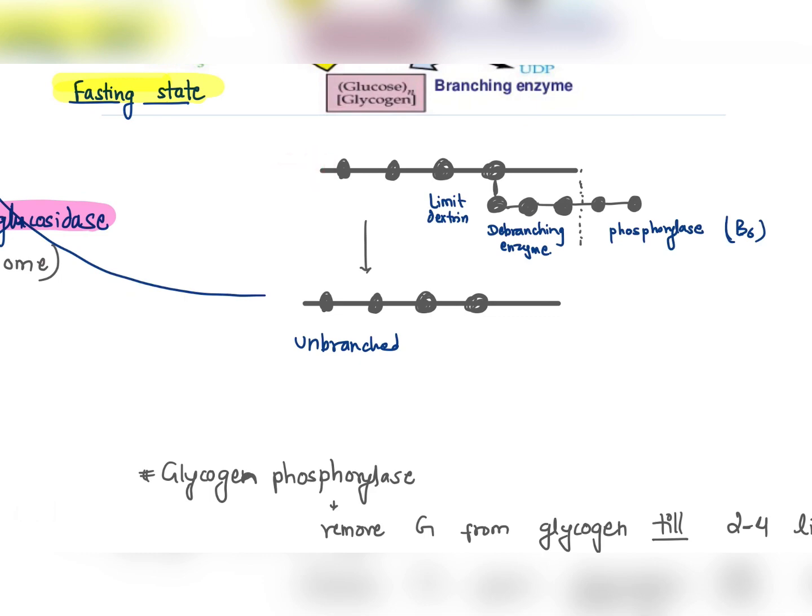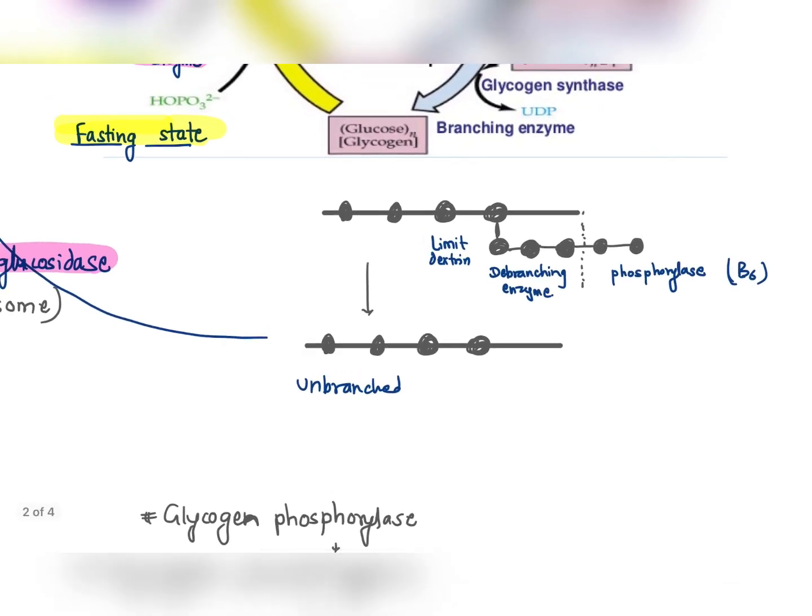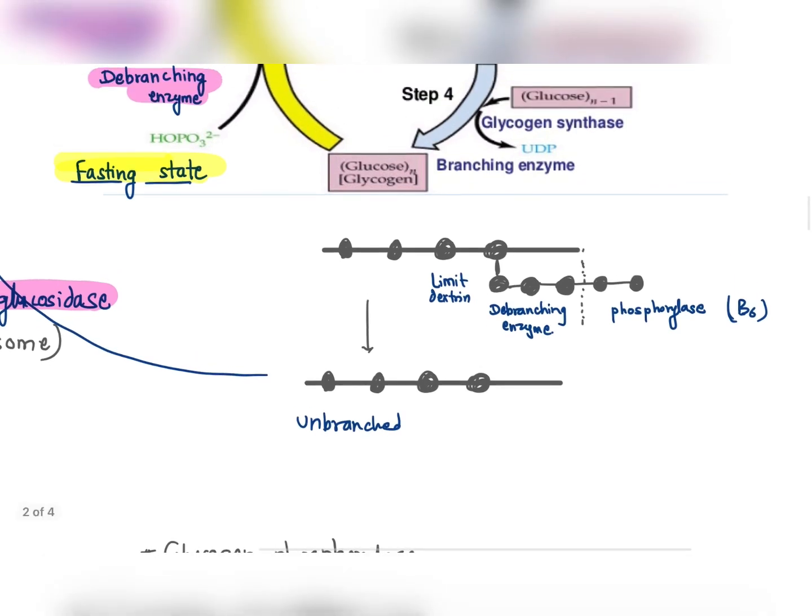In this way, the glycogen chain is lengthened. This is how glycogen is synthesized. This is known as the glycogenesis pathway.